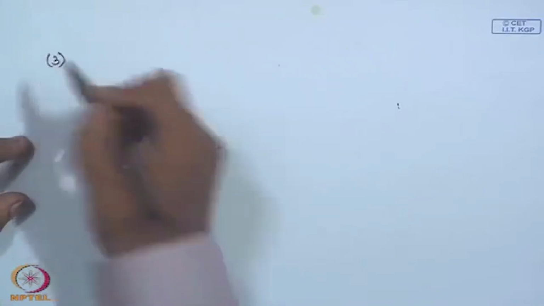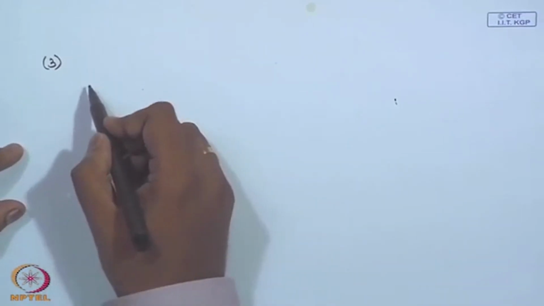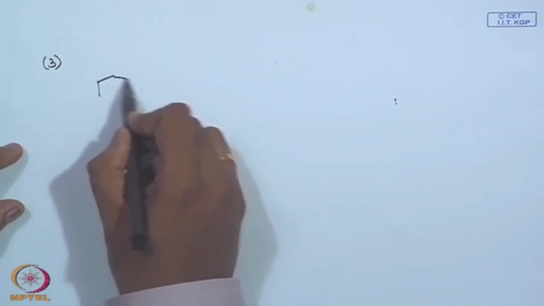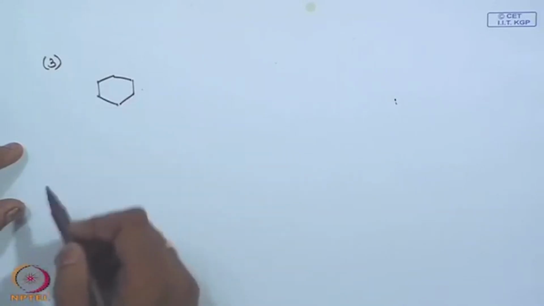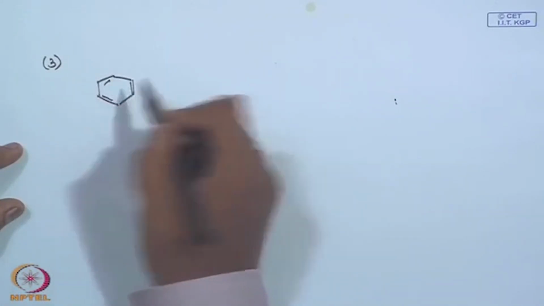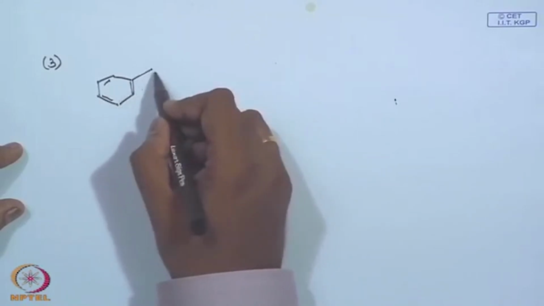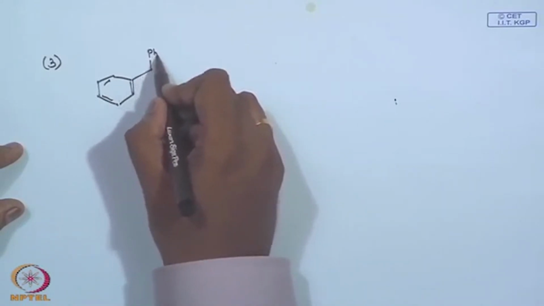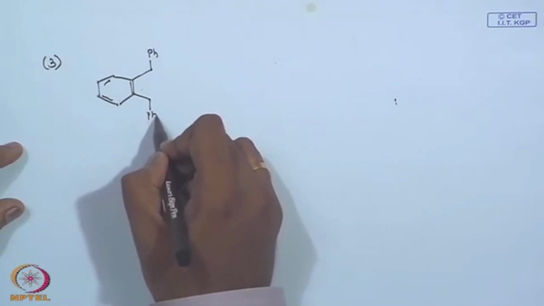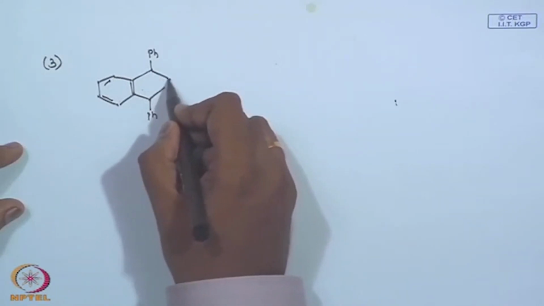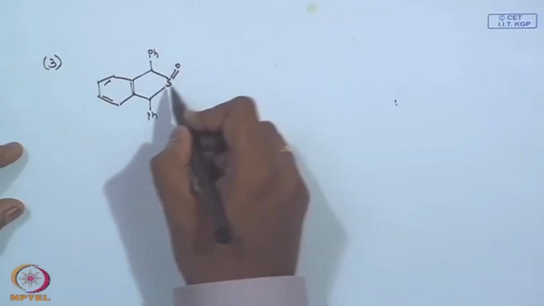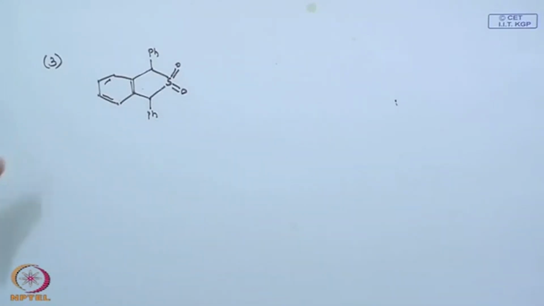We will take another example, similar type of examples. So I can have a phenyl. So this system I have. Okay, this is my substrate.